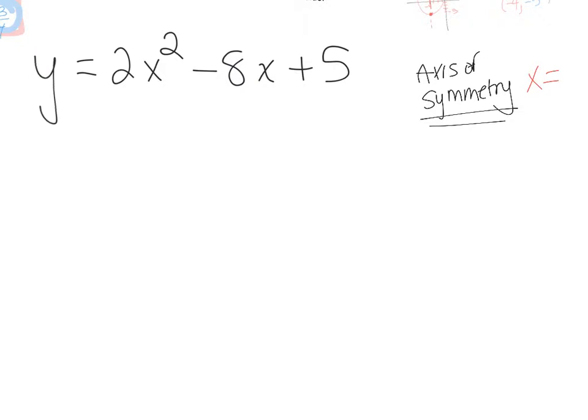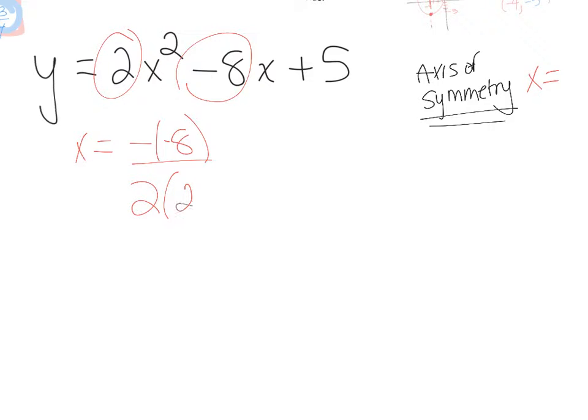You're going to write x equals, and the axis of symmetry is x is equal to the opposite of b, so opposite of negative 8, over 2 times a. That gives you 8 over 4, which is 2. The axis of symmetry is x equals 2.